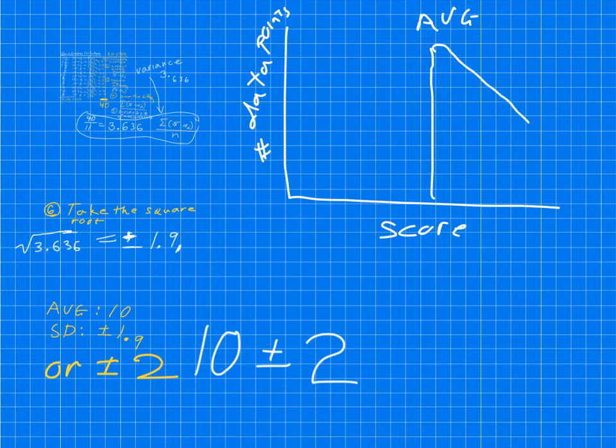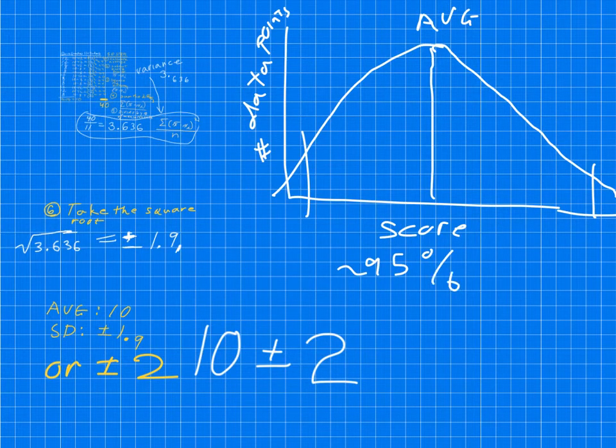And as the scores get farther away from the average, the number of people scoring it decreases. As a general rule, roughly 95% of your data is going to be within plus or minus 3 standard deviations of the average. And when you hear people talk about the bell curve, that's what they're talking about: normally distributed data. And I came up with an artificial set that wasn't normally distributed because I only had one person score my average.